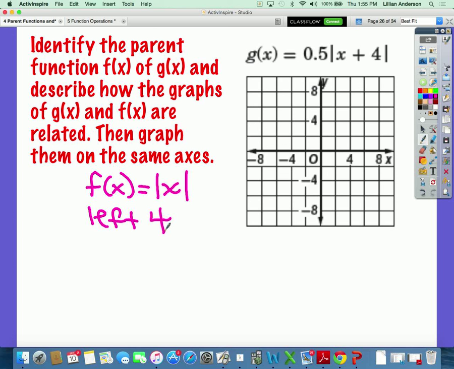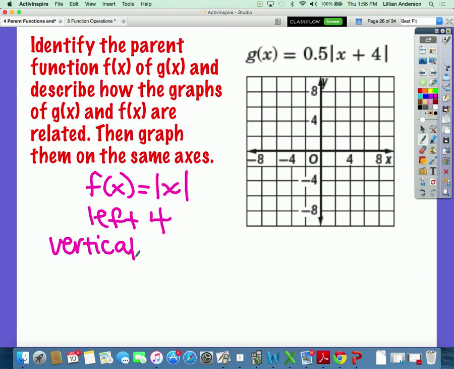Who can give me the other one? You gotta tell me, horizontally or vertically? Careful. The 0.5 is on the outside, which means it's gonna be vertical. If the number's on the outside of the absolute value or on the outside of the square root or on the outside of the parentheses, it's going to be a vertical stretch or shrink.